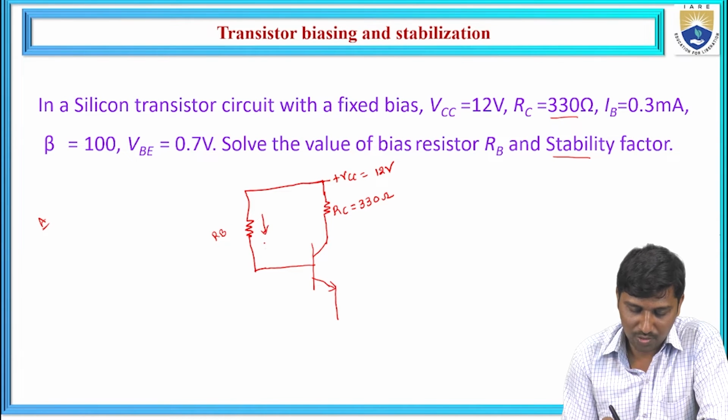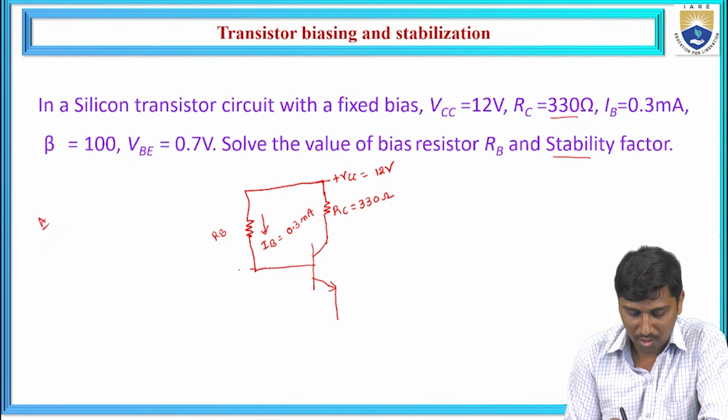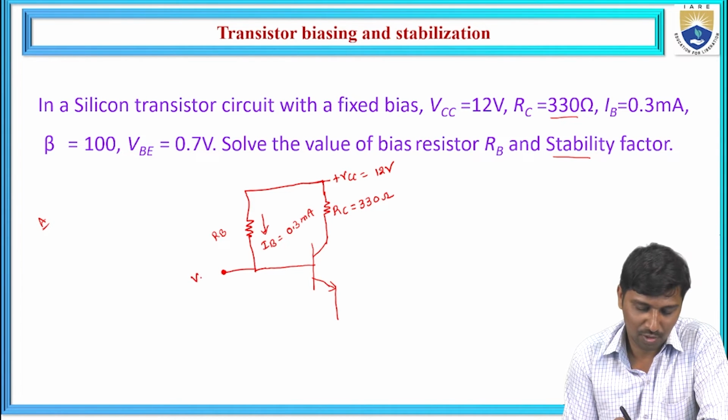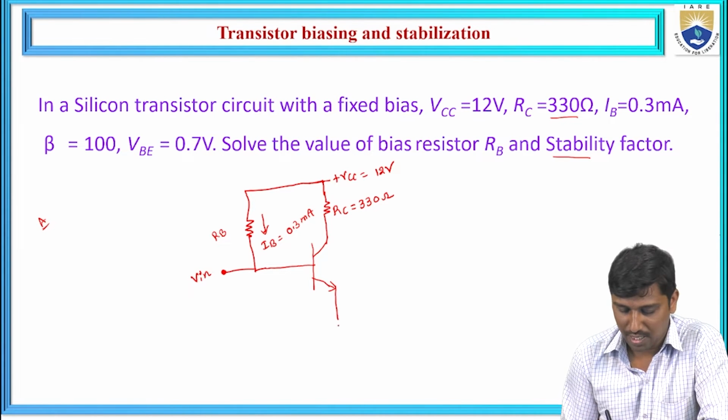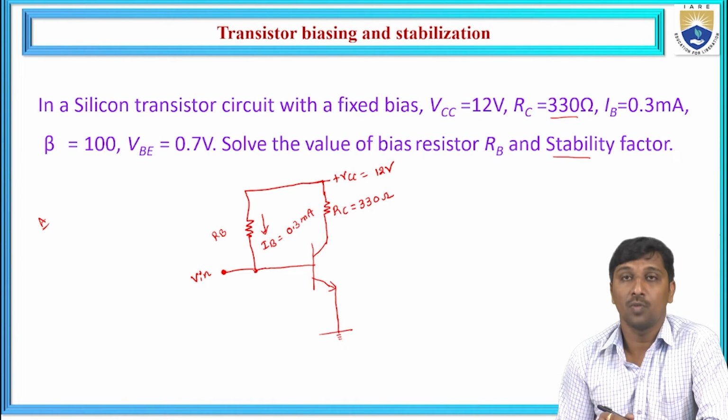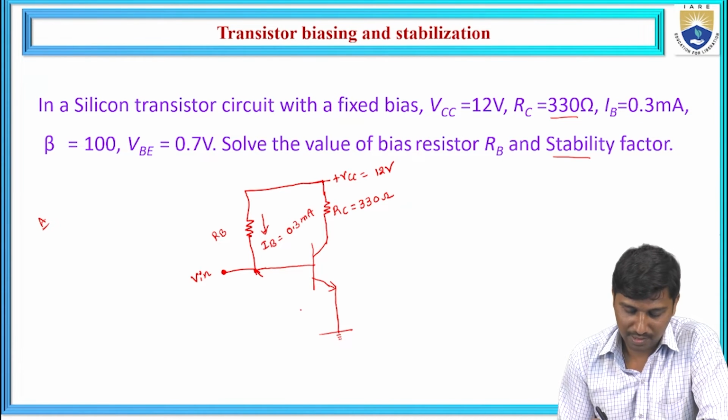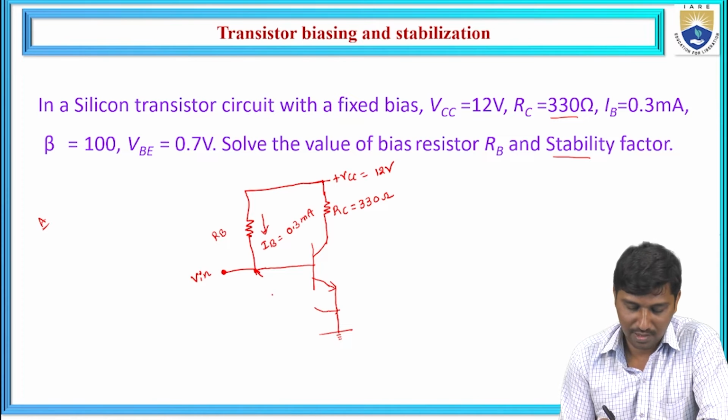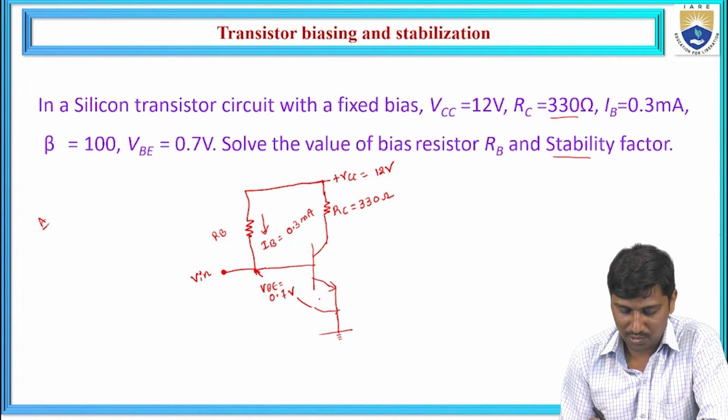Then it allows a base current, and that base current is 0.3 milliamperes. Now the emitter is connected to ground potential, and the potential difference between base and emitter is nothing but VBE on, which is 0.7 volts.